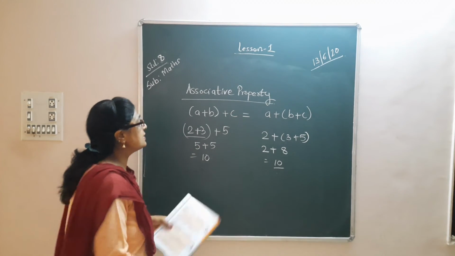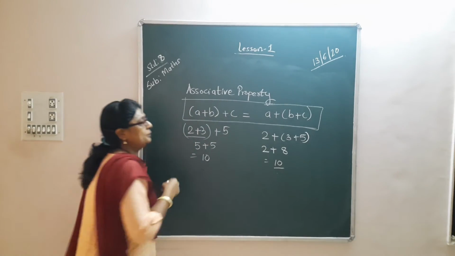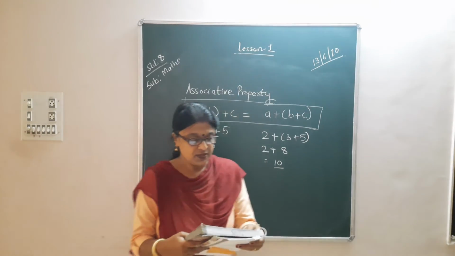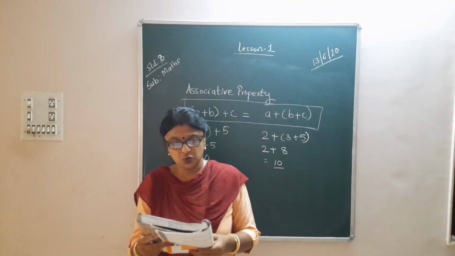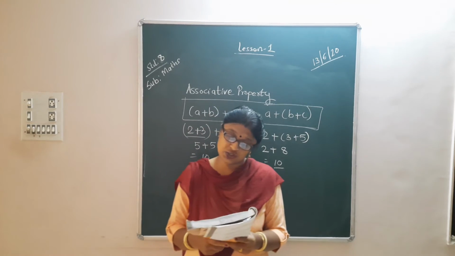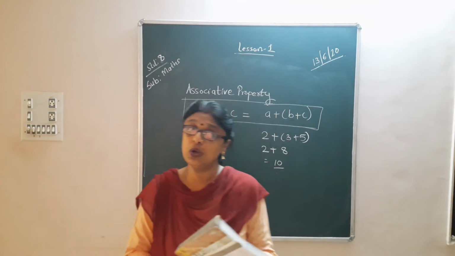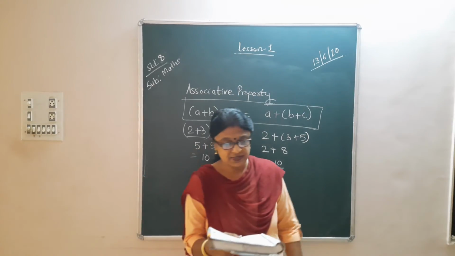Fine? So this is the general form of associative property. Changing of groups. Fine? So let us see for whole numbers. So for whole numbers, you can see that for addition it is true. For subtraction it is not true, for multiplication it is true, and for division it is not true for whole numbers. Similarly, for integers you can check out page number 7.